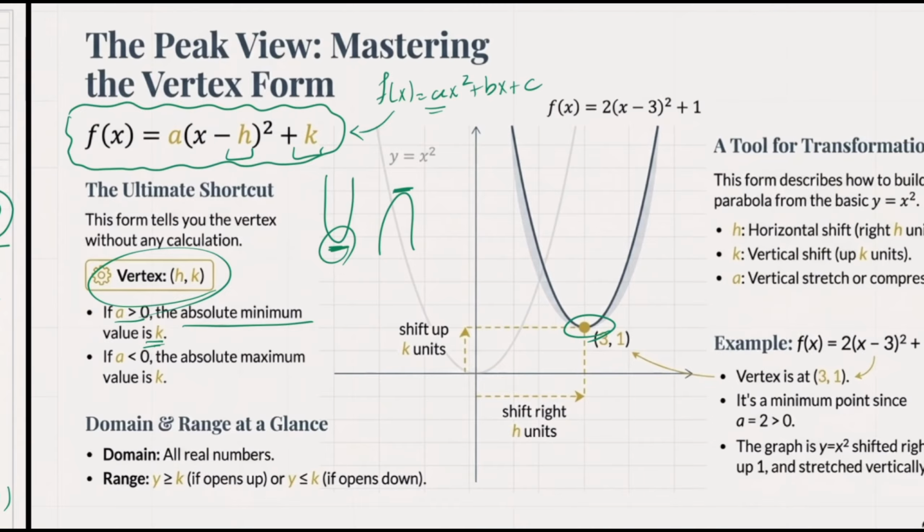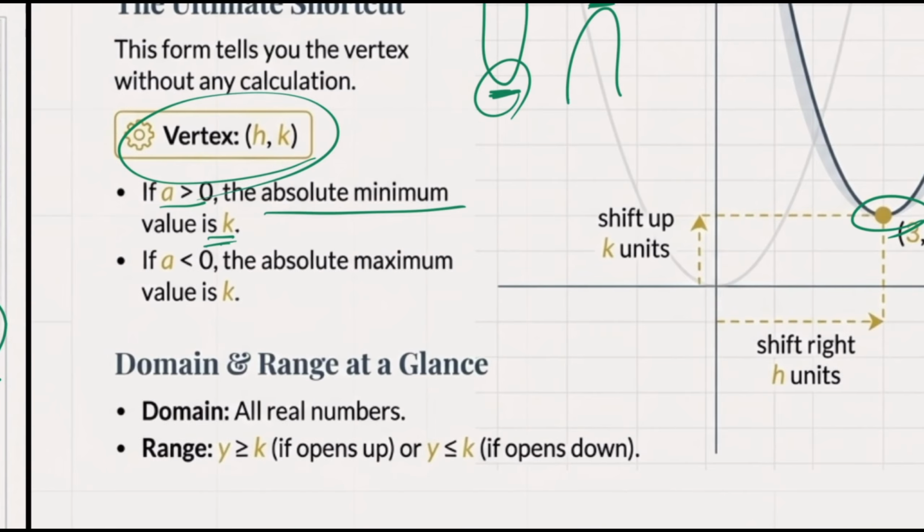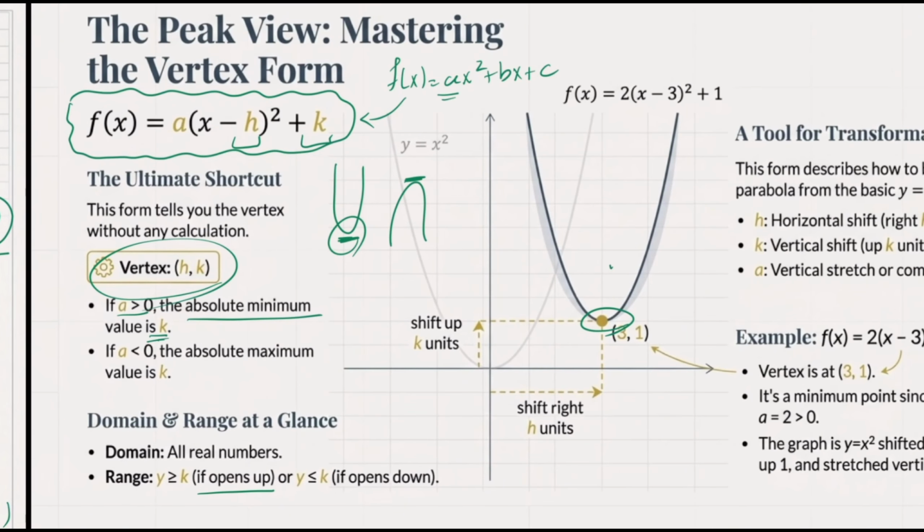So right now I have two important things to know. The very first one is about the a, and the second one is about the sign. If my function opens up, it means it's going to be like that. For a fact, I know my y or range is going to be bigger than or equal to k itself, right?